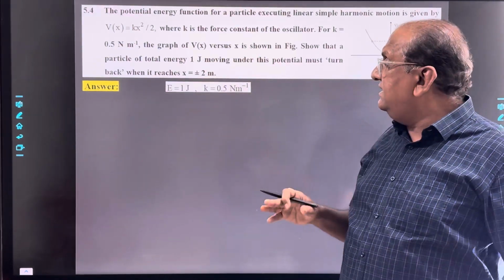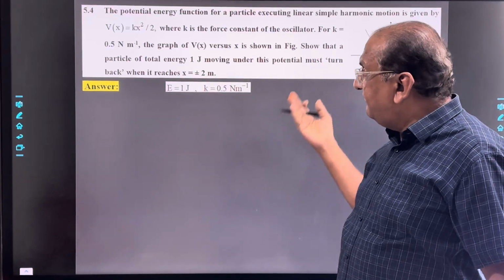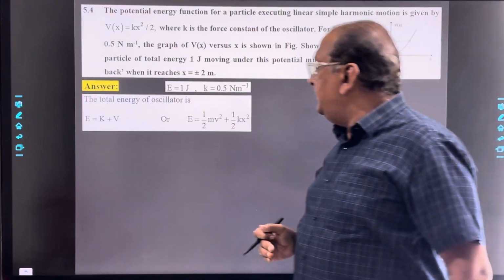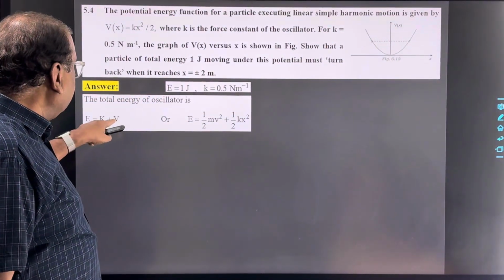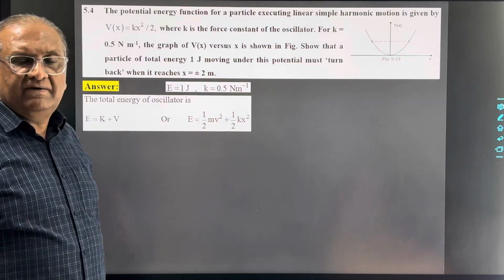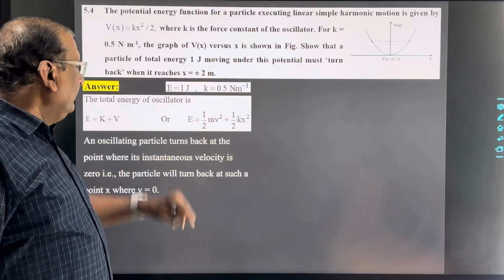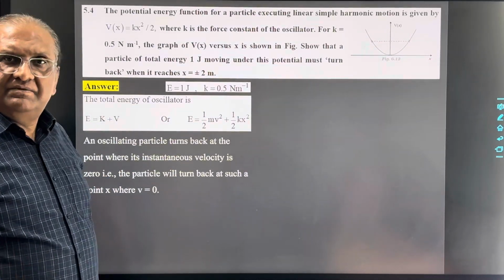So at the extreme position, total energy and potential energy will be equal and kinetic energy will be zero, right? The extreme position is the position from where it comes back. So here total energy E equals K plus V, so E equals half mv² plus half kx². At the extreme position, its velocity is zero and the particle turns back.